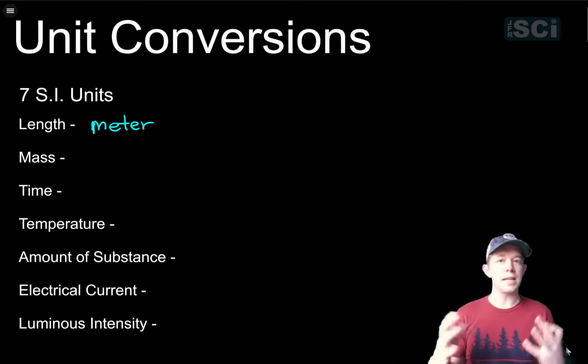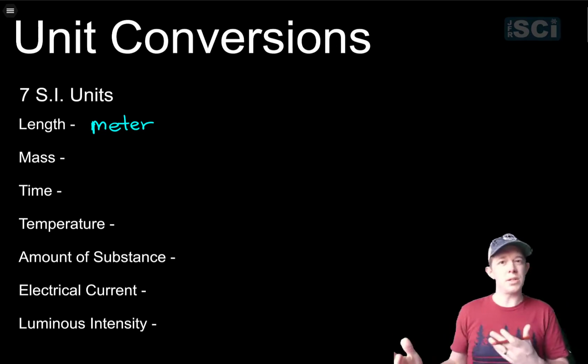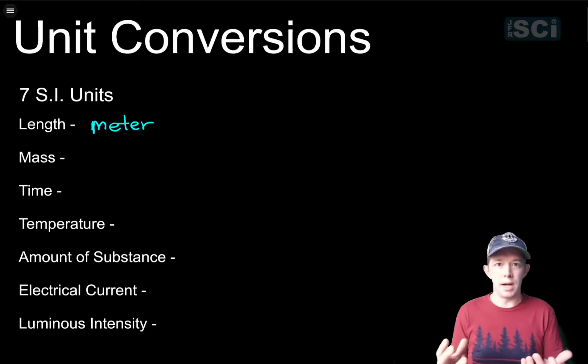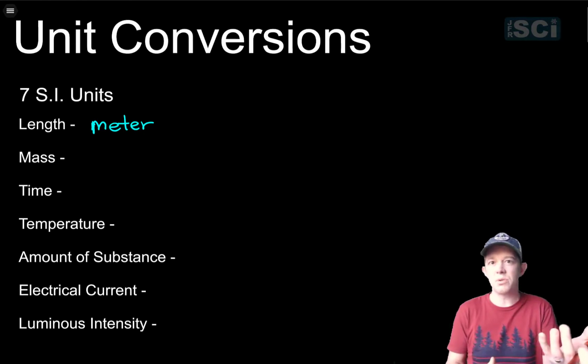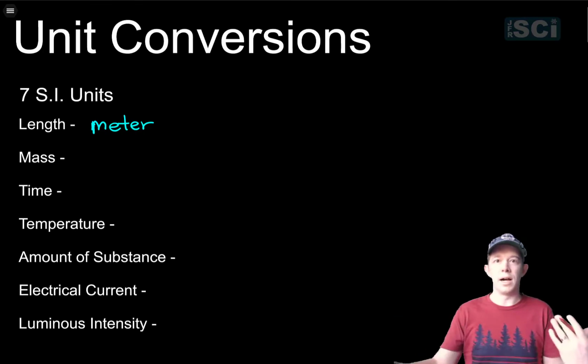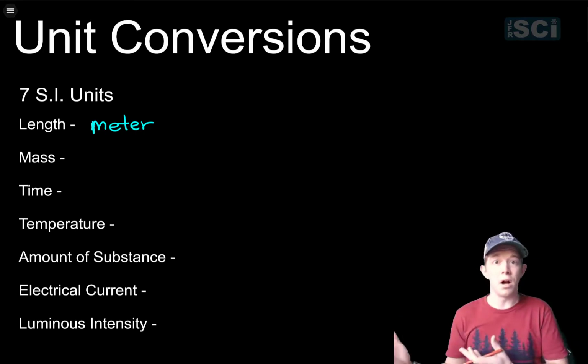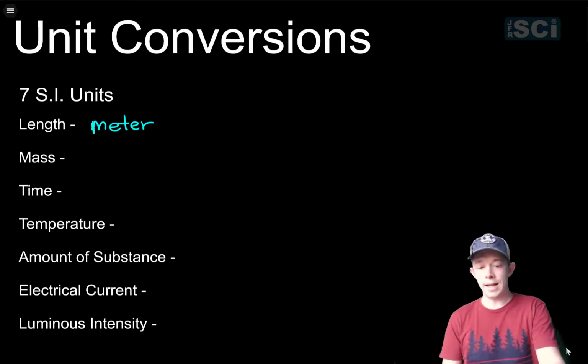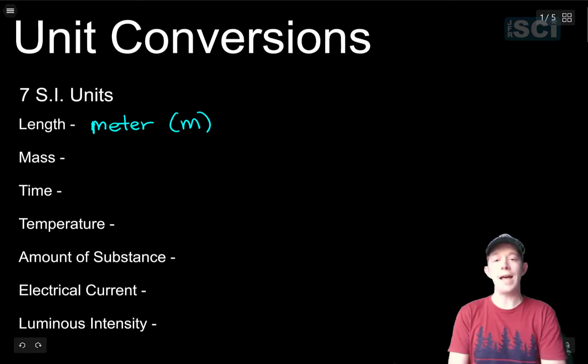So these obviously can't be great units to use because they're going to change no matter what kernel you're using, or if you're using a different set of 16 men on the next Sunday. So the meter is defined as our length, and it has a unit symbol of m.